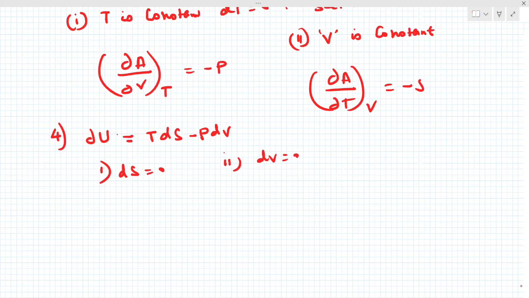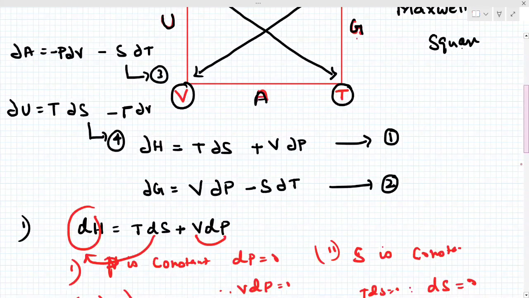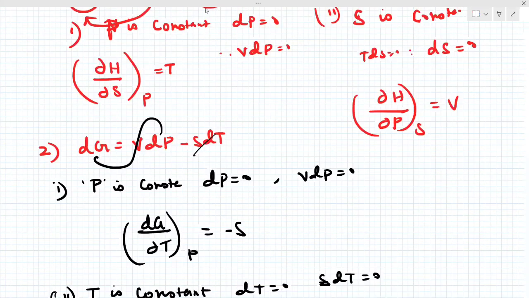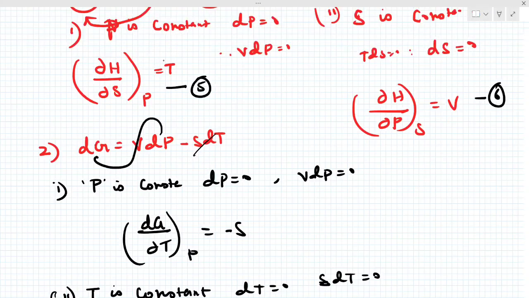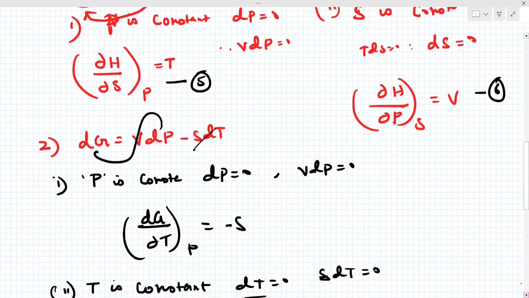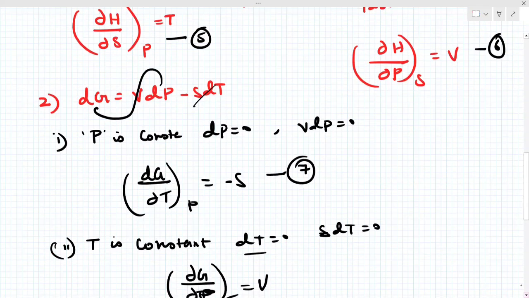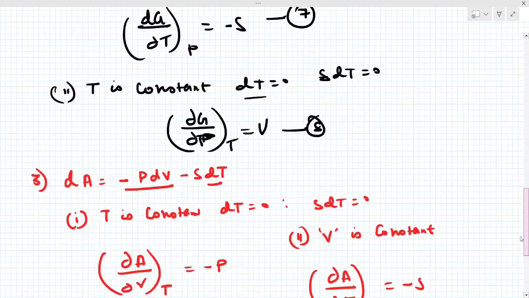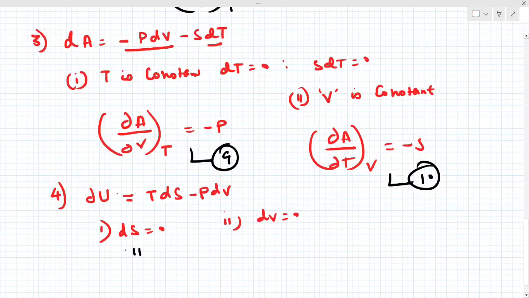Now listen, I'm going to make one more relation using these four equations. That is very important from an exam point of view. This is relation number 1, this is relation 4, this is the 5th one, this is the 6th, 7th, 8th, 9th, 10th, 11th and 12th.